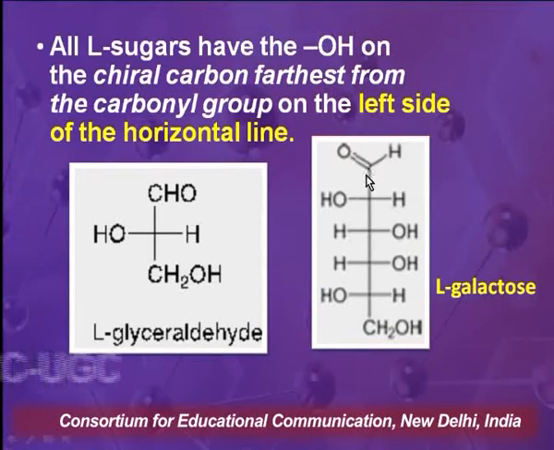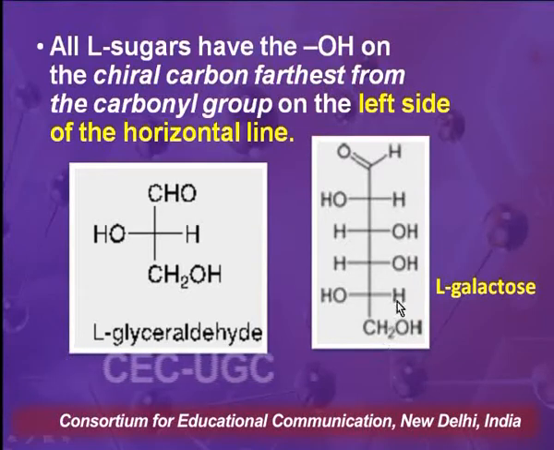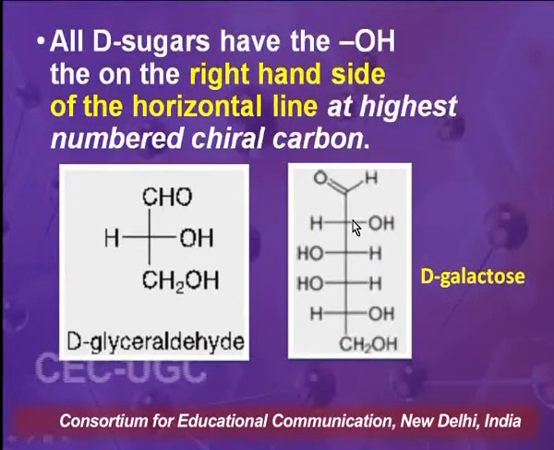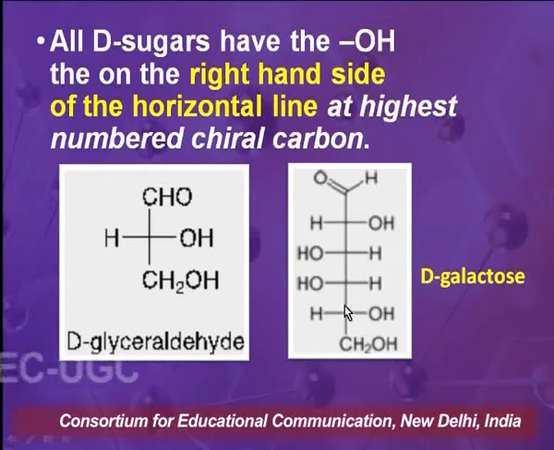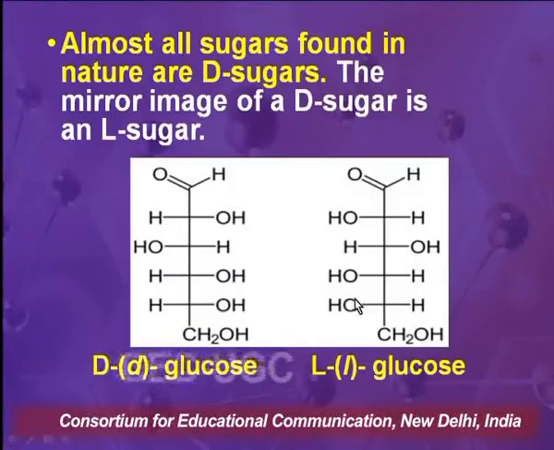So that means all L sugars will have OH on the horizontal line at the highest numbered asymmetric center on the left hand side, and we will say that all these monosaccharides belong to the L series, whereas in the D series the molecule will have OH on the right hand side of the horizontal line at the highest chiral carbon, and all the sugars which have OH on the right hand side on the highest numbered asymmetric center belong to the D series.